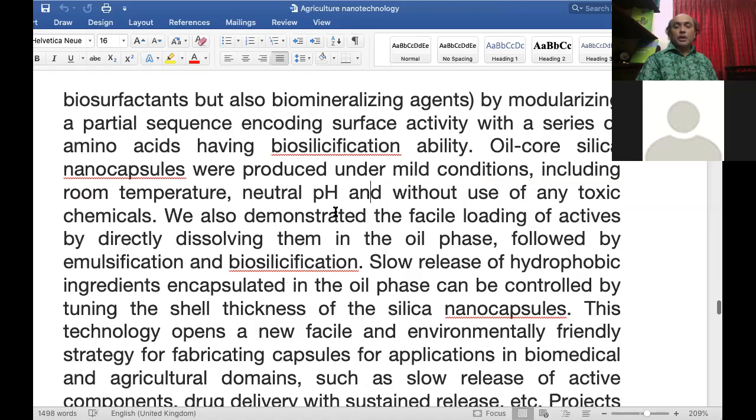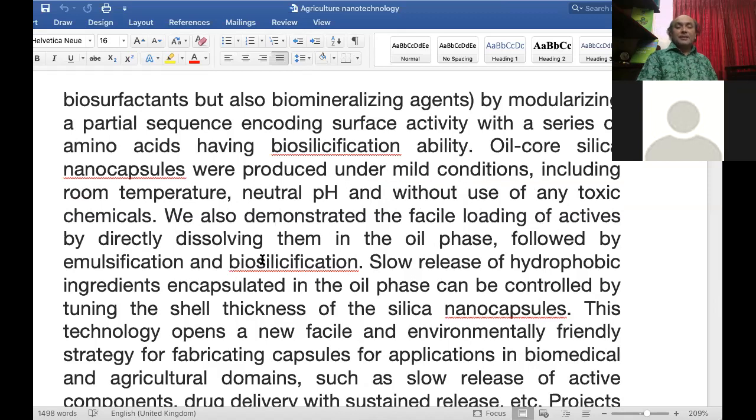Many scientists also demonstrated the facile loading of active ingredients by directly dissolving them in the oil phase. So you can dissolve them in oil and make emulsion, and this process helps biosilification.